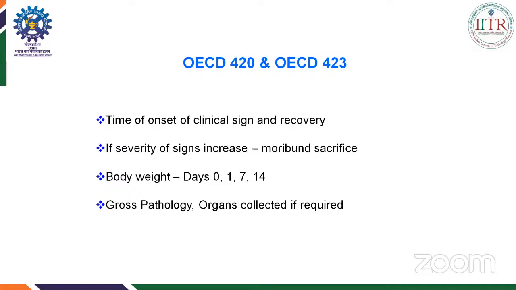You dose it on day 1, observe the animals for 2 weeks, 14 days, and on the 15th day, the animals are sacrificed. Once they are sacrificed, only a gross pathology observation is carried out. And if at all we see any signs in any of the organs, then we also collect organs for histopathology.